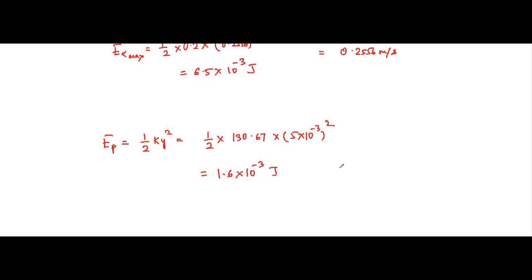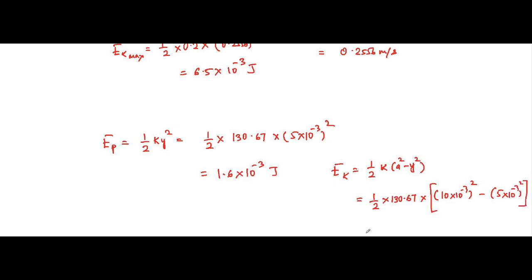Okay, and the kinetic energy is 1/2 k (a square minus y square), equal to 1/2 into 130.67 into a square, which is the maximum amplitude, 10 into 10 to the power minus 3 whole square, minus 5 into 10 to the power minus 3 whole square.